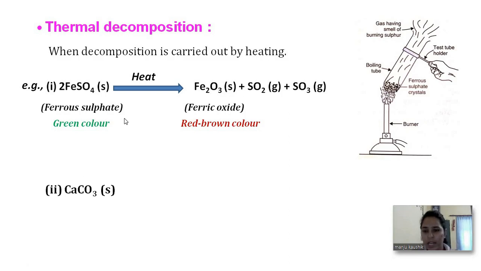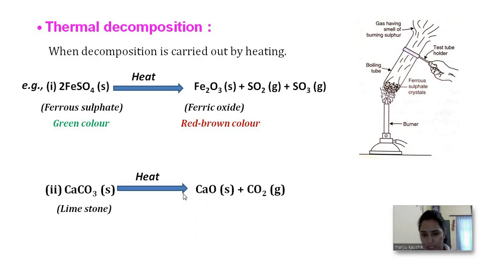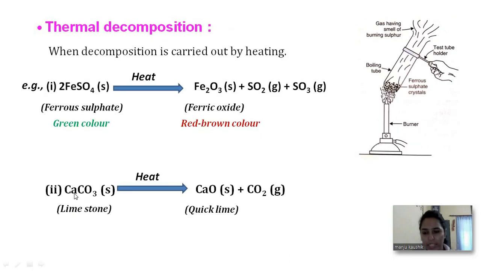Okay. Let's do another example. Calcium carbonate, which is limestone. When we heat calcium carbonate, it forms calcium oxide and carbon dioxide. In this case also, when we provide heat to calcium carbonate, the bonds break down and carbon dioxide is released.